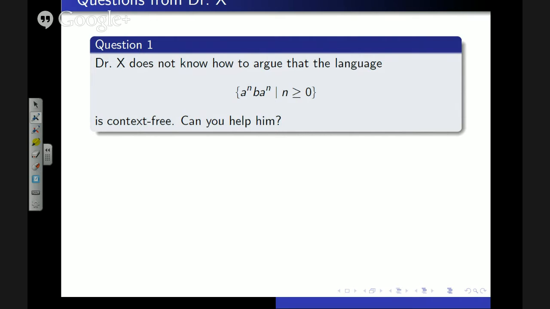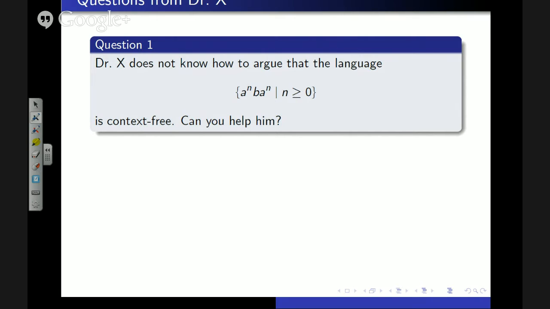So here's a question for you from Dr. X. Dr. X was looking at our slides from our previous lecture, and he looked at this language. This is the language that consists of all the strings of A's and B's that start with some number of A's, possibly 0, followed by a B, followed by a number of A's.